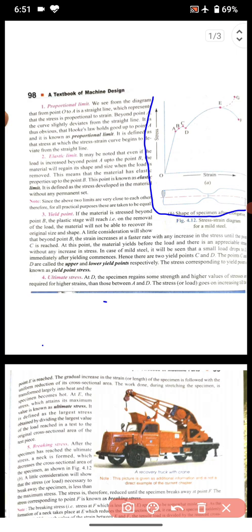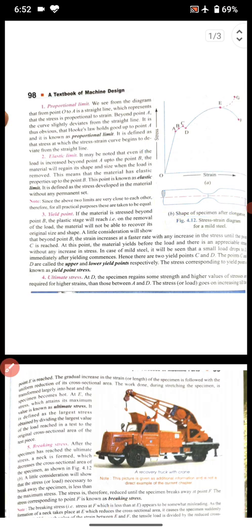This represents the stress is proportional to strain. Here stress is proportional to strain up to O to A. Beyond point A, the curve slightly deviates from the straight line.